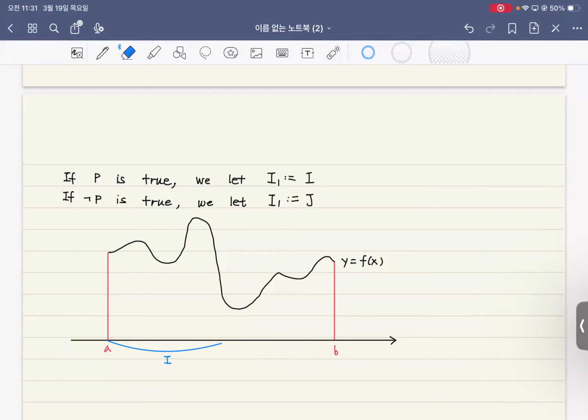Now what? I'm going to apply the same procedure to I1.